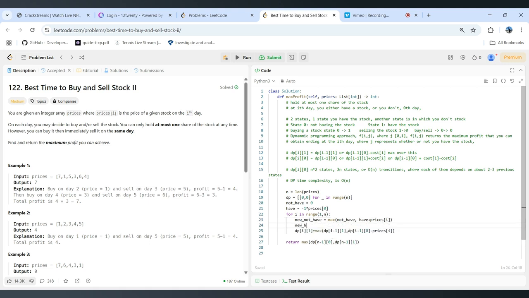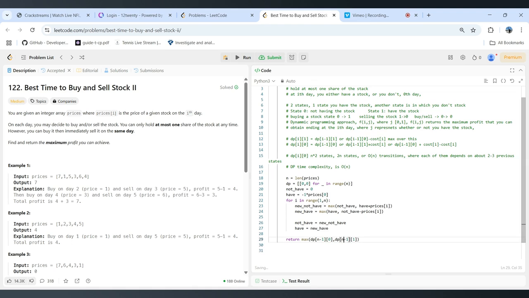You can say new have is equal to max between have and not have minus prices of i, right? In this case, we can then say not have equals new not have, have equals new have, and then we can just return the maximum between not have and have.